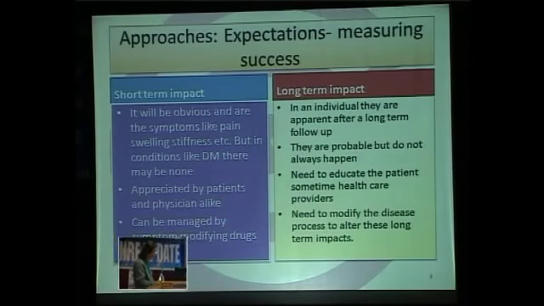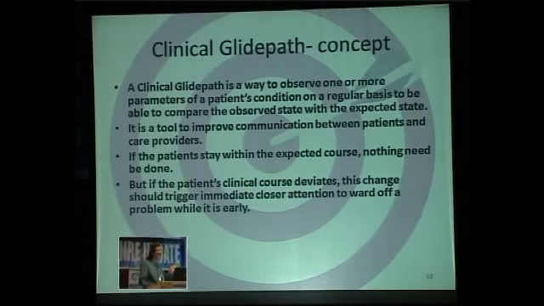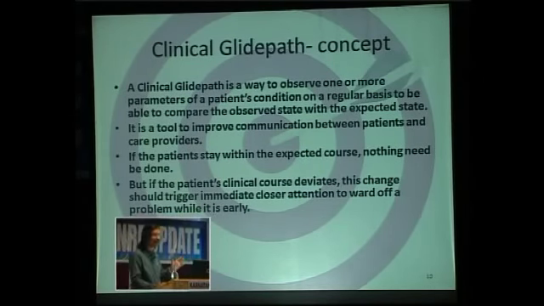particular disease processes. How exactly to appreciate this? See, it's very difficult for us to appreciate this particular concept. How exactly does it happen? What do we mean by measures? What do we mean by the target? To explain this, there is a concept called the clinical glide path concept. What we mean here is, you tend to observe one or more parameters at the current status, which predict the expected state or the outcome.